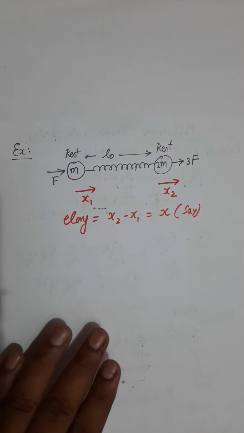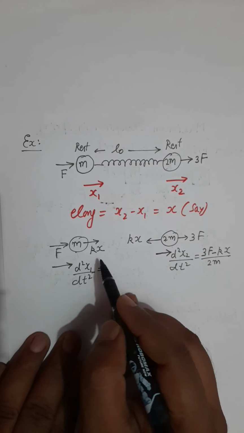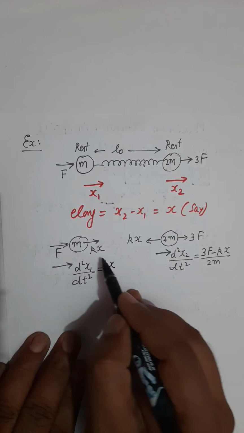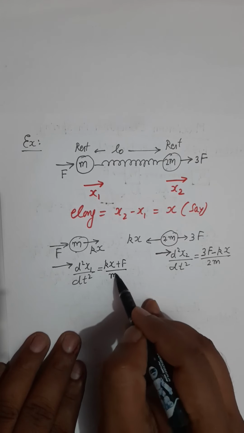Now you can write down the acceleration of this mass as the double derivative of x2, and according to Newton's law, (3F minus kx) divided by 2m, net force divided by mass. The acceleration of mass m can be written as d2x1 by dt2, and as per Newton's law, it is (kx plus F), because they are in the same direction, divided by m.